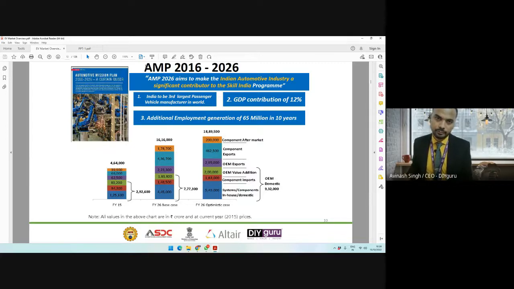And if you look into this 2016 automotive mission plan, the aim of this mission plan is to make the Indian automotive industry a significant contributor to the Skill India program, right? This is very important because 2016 to 2026 is the time where the transition from traditional automotive technology to the latest technology, which we are currently into, is happening, right?